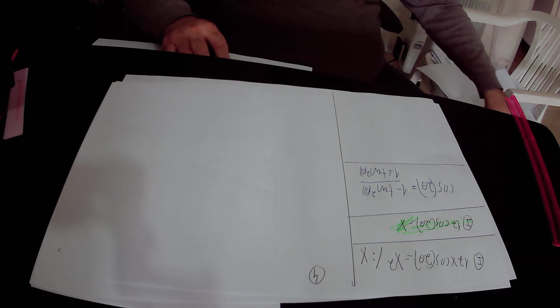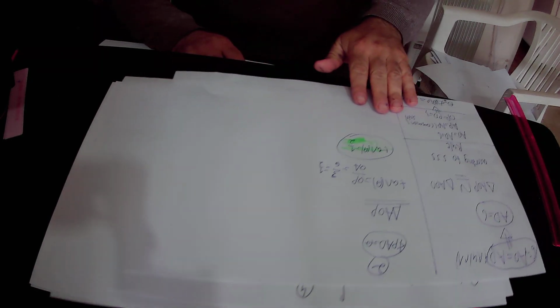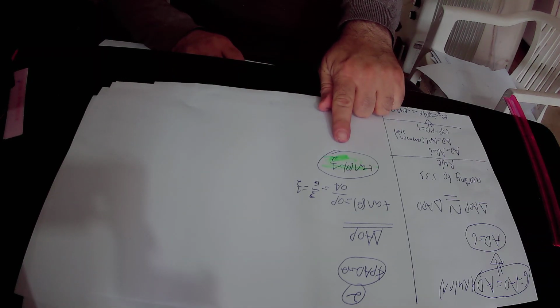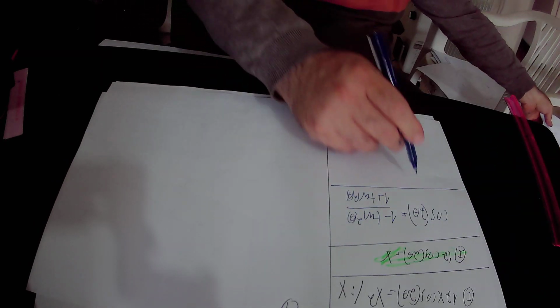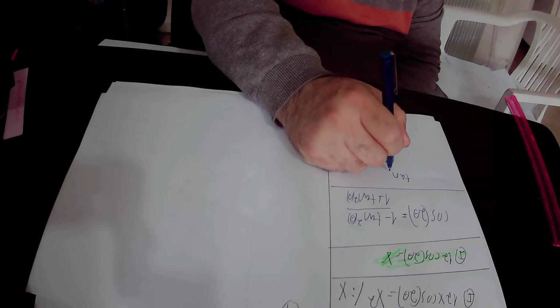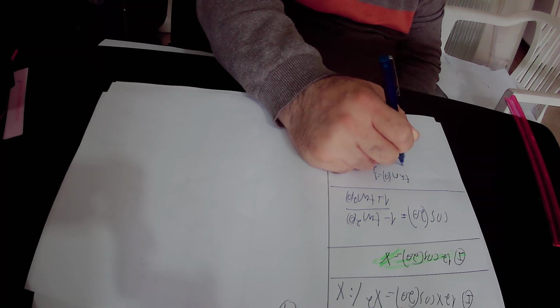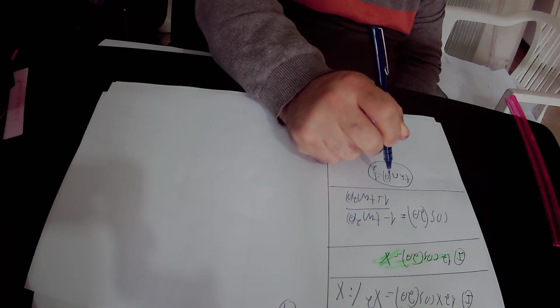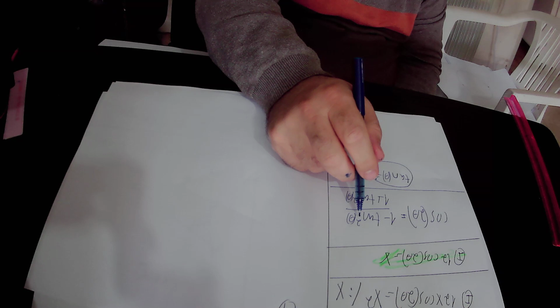Actually, we have already found out that tangent theta equals 1/2. That is to say, we can substitute tangent theta in this trigonometric identity by 1/2.